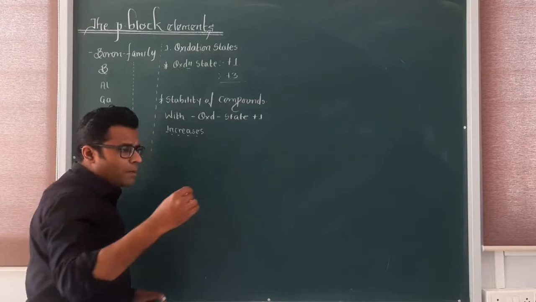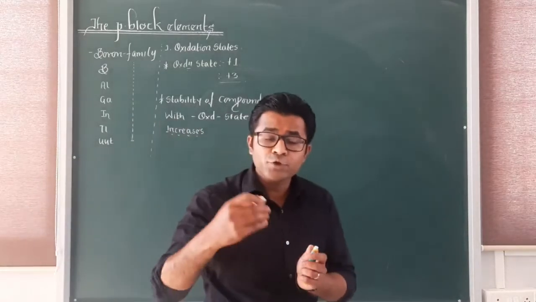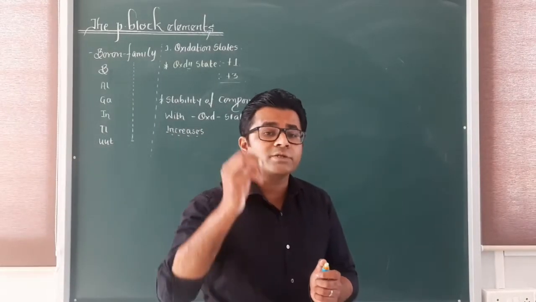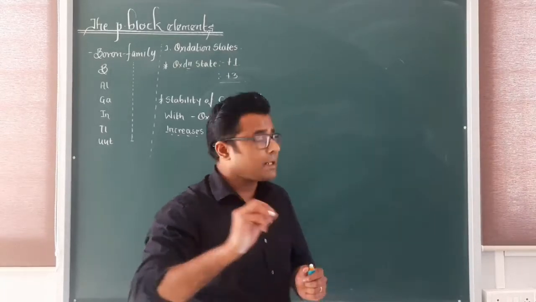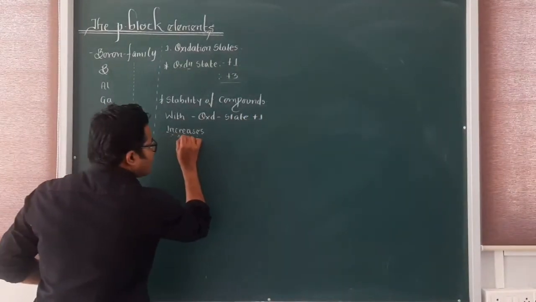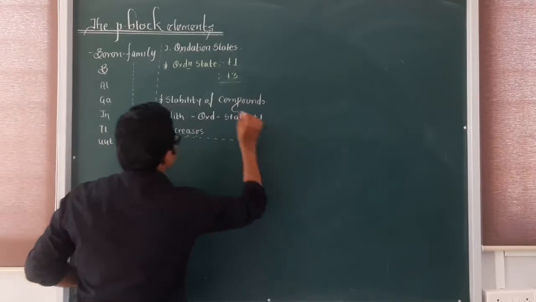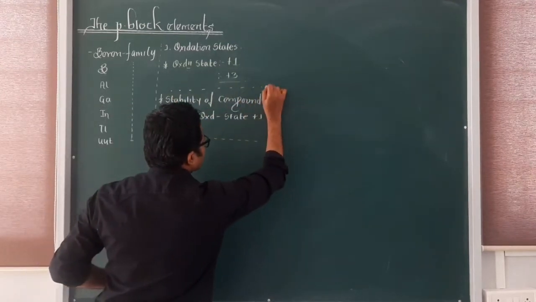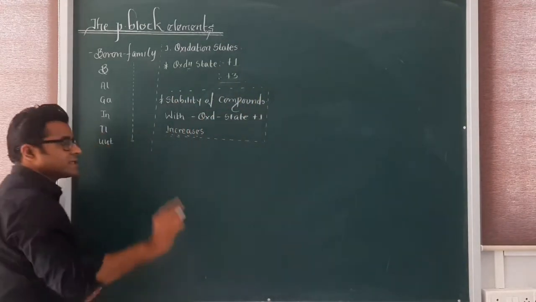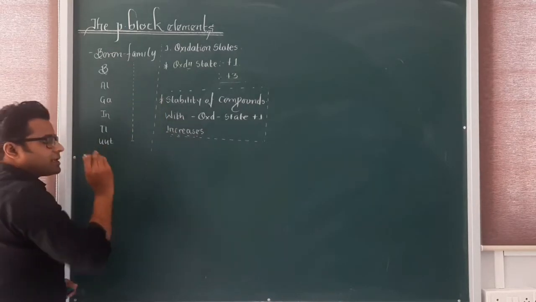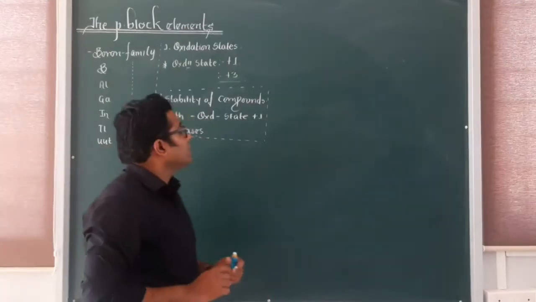That means more elements tend to show compounds having an oxidation state of +1. So as we go down the group, the oxidation state of +1 increases. This is one of the important statements that you have to remember.